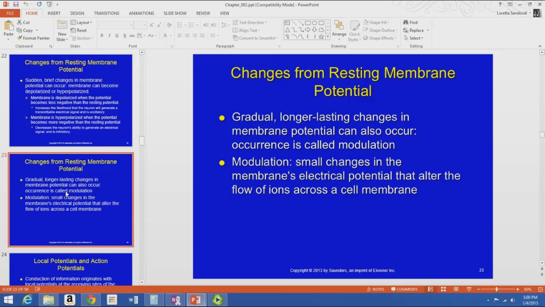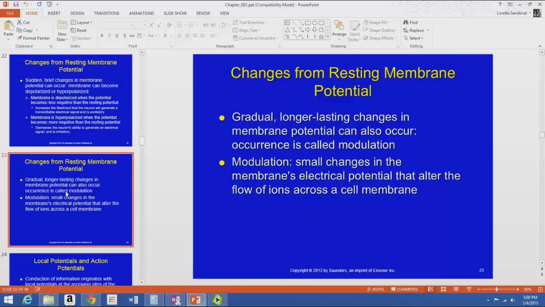So besides those sudden brief changes in membrane potential, you can also get gradual, longer lasting changes in membrane potential, and you call that modulation. In modulations, there are basically small changes in the electrical potential that alter the flow of ions across the cell membrane.